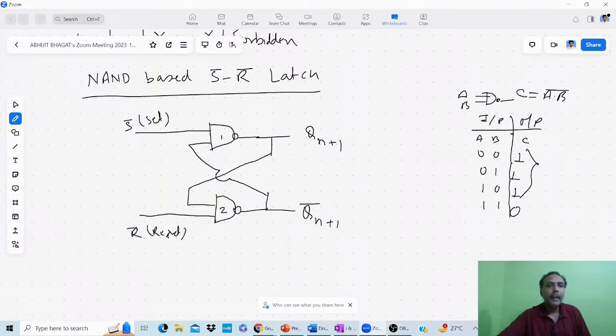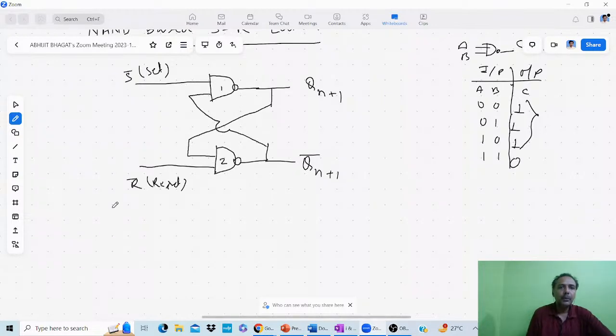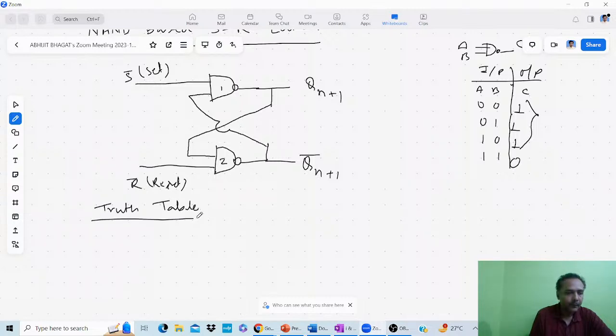So in case of the NAND based SR latch truth table, here the inputs, then outputs, and then there is the action.